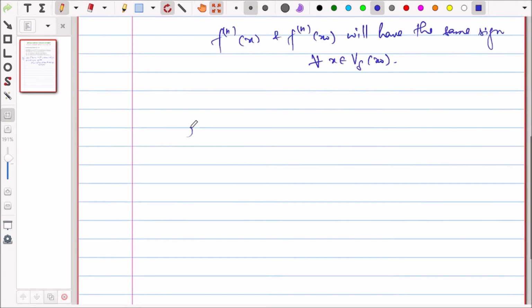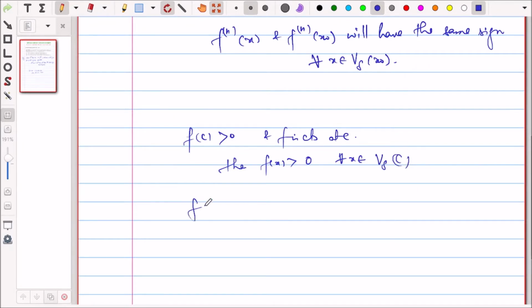If f c is non-zero and f is continuous at c, in particular, if f c is greater than 0 and f is continuous at c, then f x is greater than 0 for all x belonging to V delta of c. Similarly, if f c is less than 0 and f is continuous at c, then f x is less than 0 for all x belonging to V delta of c. If the function takes positive value at that point and is continuous at that point, then the function will be positive in the neighborhood of that point, right? Remember this result?